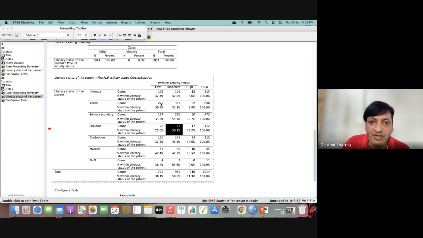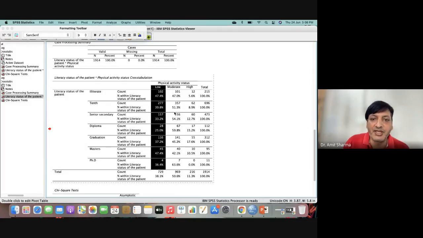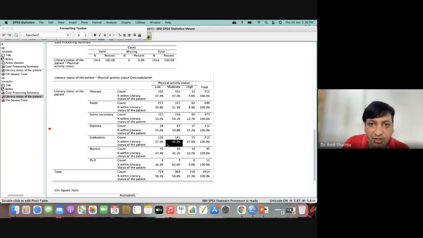And if you want to give it separately, you can give the highest percentage for physical activity high separately, physical activity moderate separately, and physical activity low separately. And from here, which will you take? You can see this one, 102, and this one. When we are talking about physical activity low, numbers are 102, but percentage is 47.4.